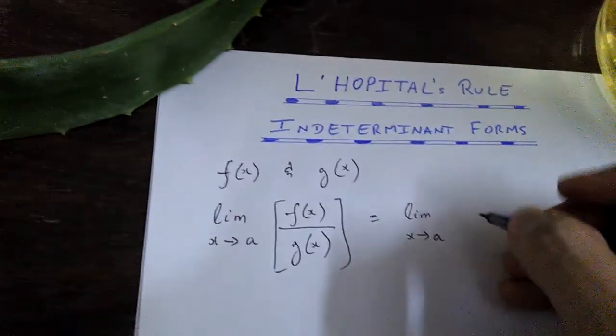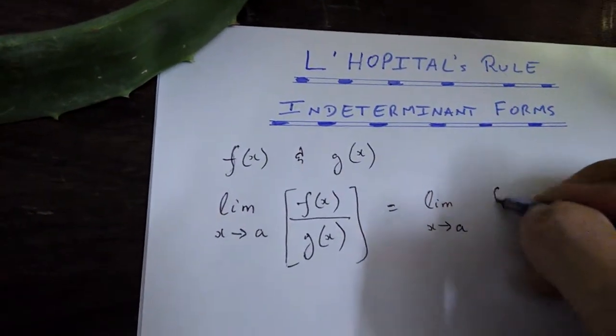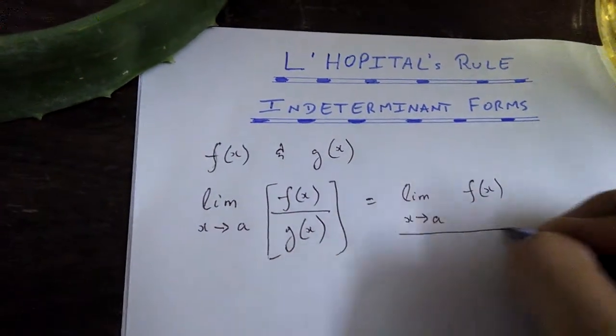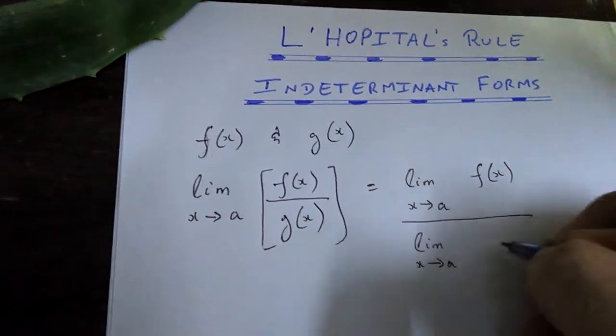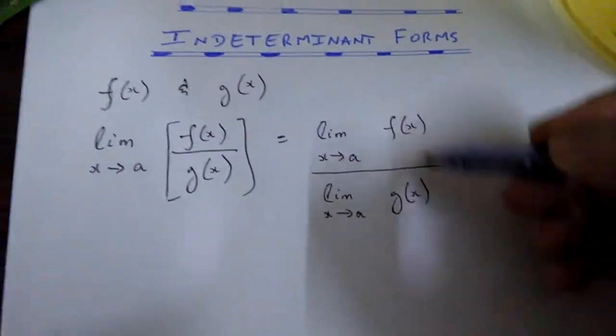Those who have studied limits already at the primary level know how to apply limits on a function. It's quite well understood. So we individually apply the limit value on these two functions.